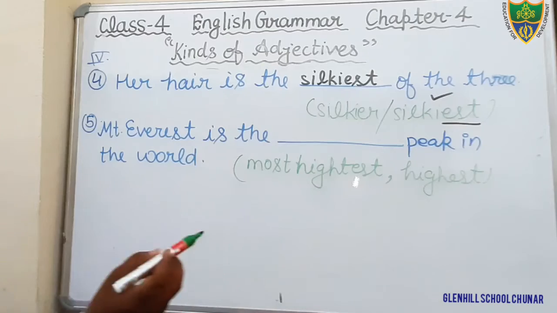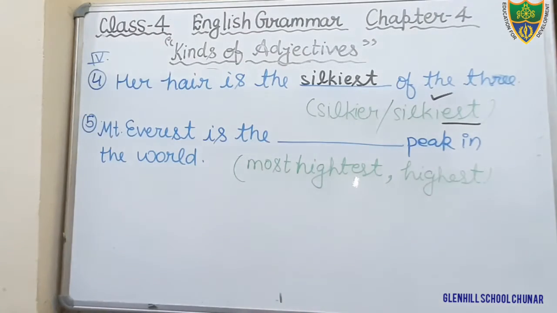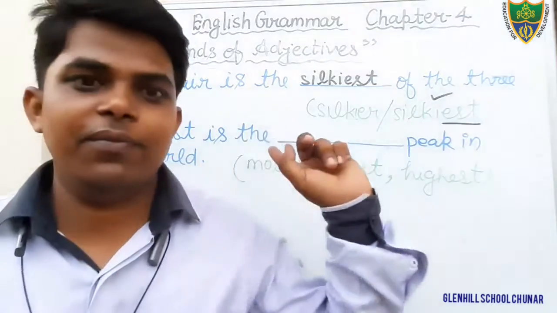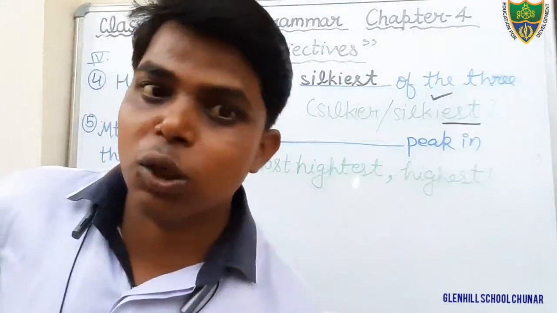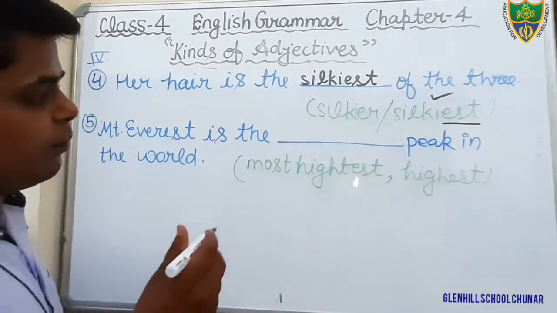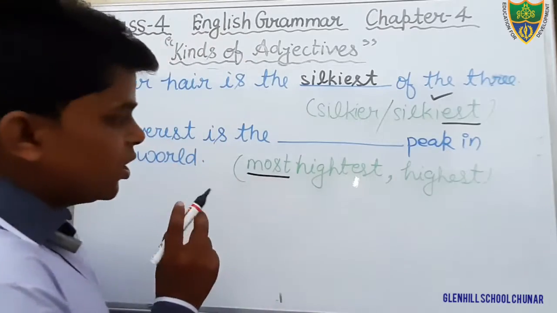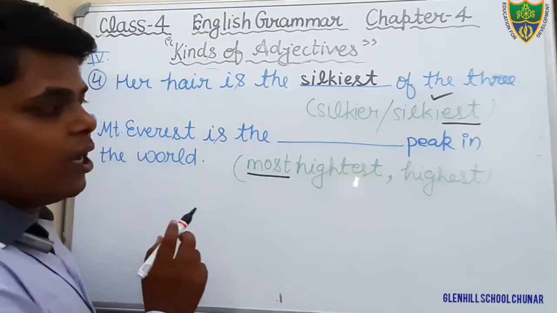Dear students, there is confusion. You may get confused, so listen attentively. Mount Everest is the. Dear students, "the" is used here, so that is the superlative degree. And here it is given "most". We generally use "most" in the superlative degree, but not all the time, I have told you.